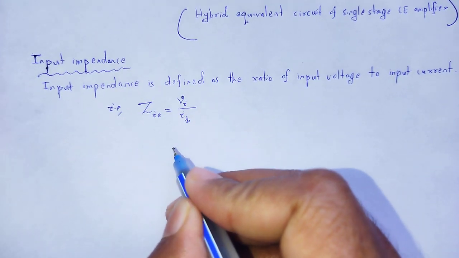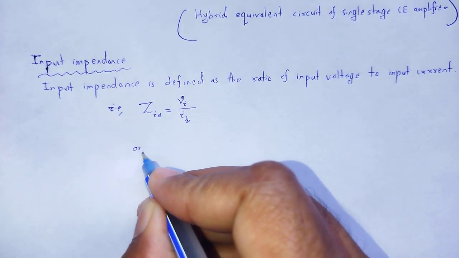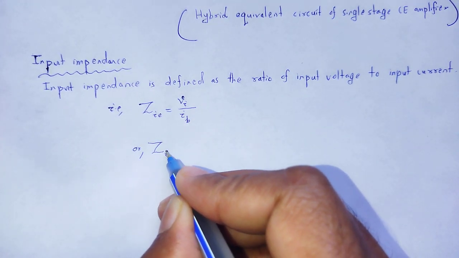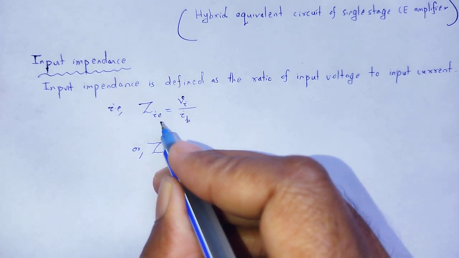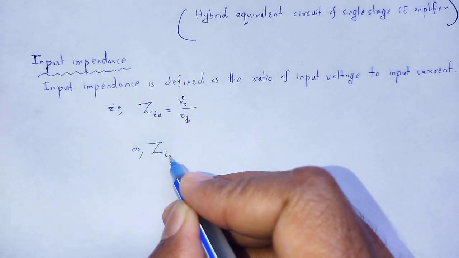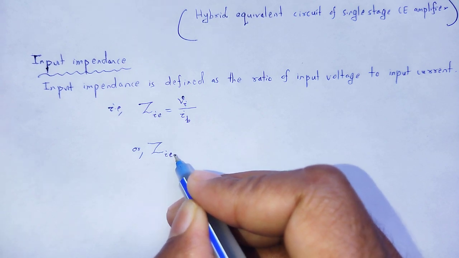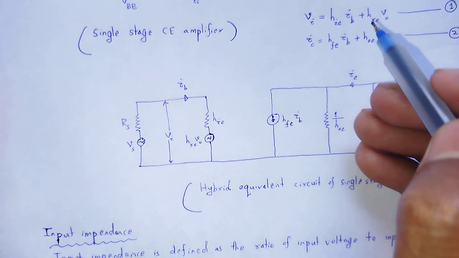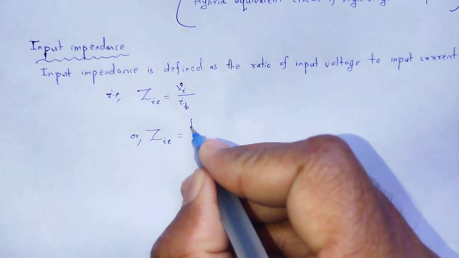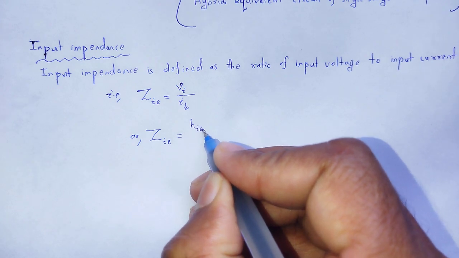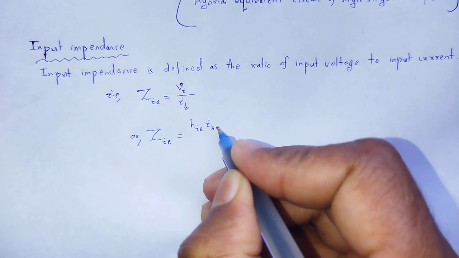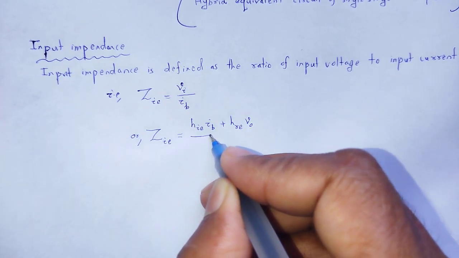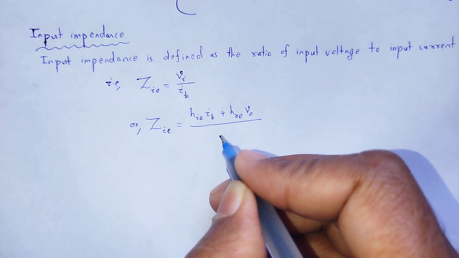So, we obtain the same type of notation: input impedance, I, common emitter mode of operation, for the transistor we use E. In place of VI, the value of VI is put, that is HIE IB plus HRE VO divided by IB.